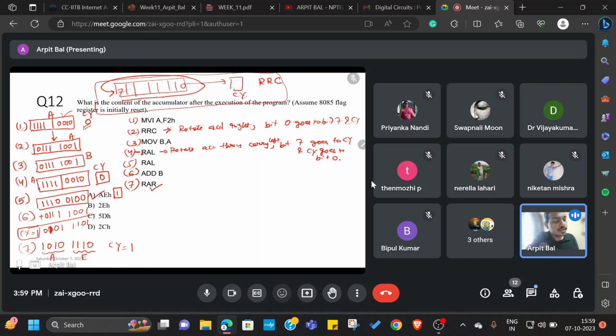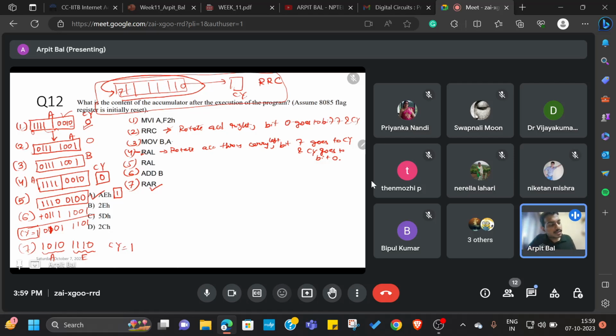Initially the carry was 0, and the 0th bit is again 0, so carry stays at 0, but every other value moves to the right by 1 bit. So this one comes here, a 0 is appended here, and the contents move by 1 bit. So 0 1 1, and this one goes here, so it will be 1 0 0 1, and carry stays at 0.